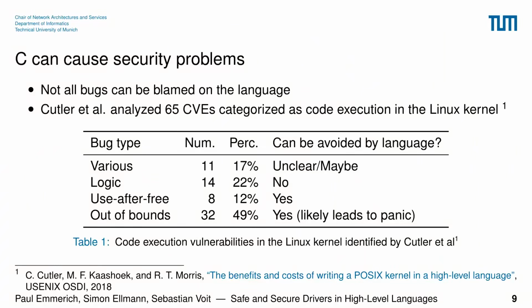For 17% of them, they weren't sure because it's a kind of weird bug and they couldn't tell whether that could have been prevented. For 22%, those were clear logic bugs, where clearly you would have made that bug probably in any language. Other languages wouldn't have helped. But over 50% of the bugs were related to memory, both use-after-free, out-of-bound accesses, and so on, and these can be prevented by using a better programming language.